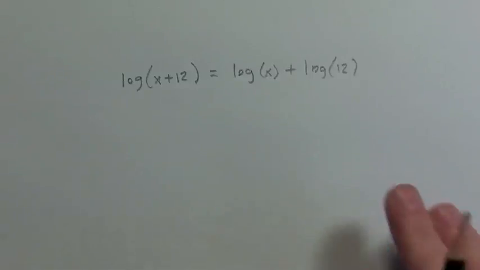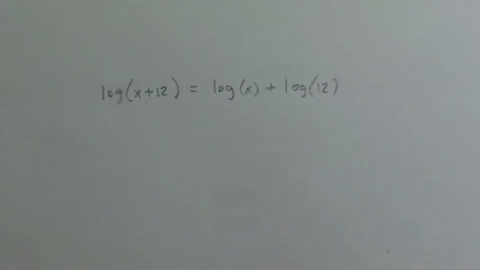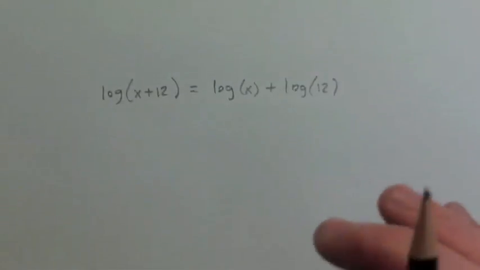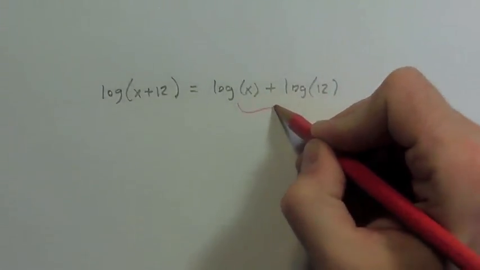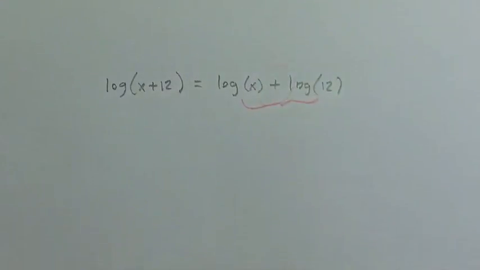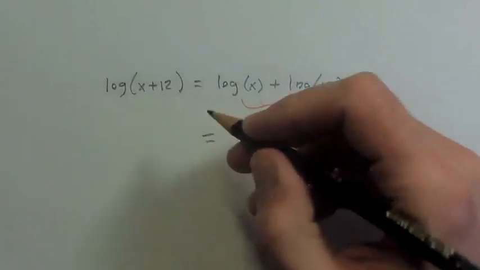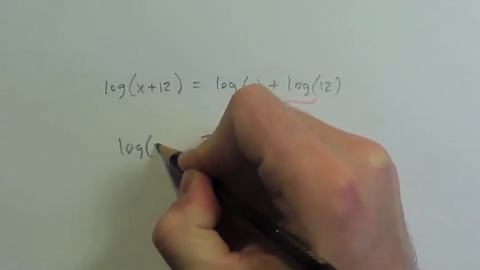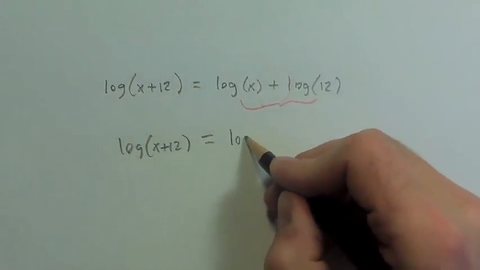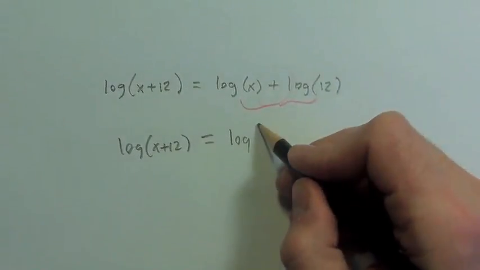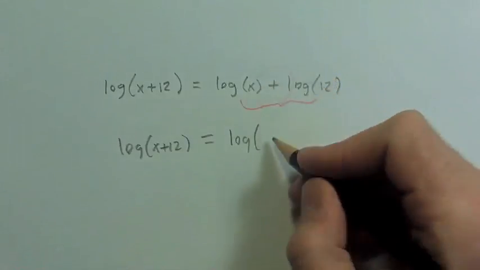So if we can't isolate, what we'll do is get logs on both sides. We will use our product property. So we'll multiply these together. So log of x plus log of 12 I can bring together as log of x times 12.